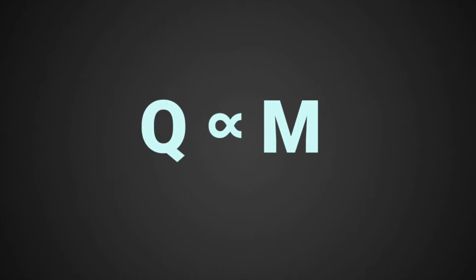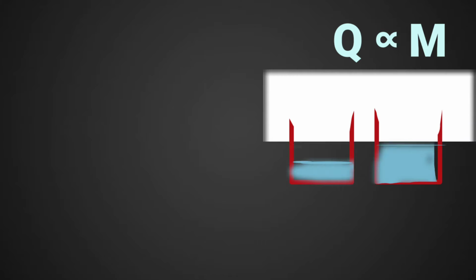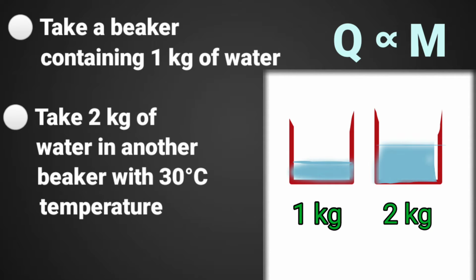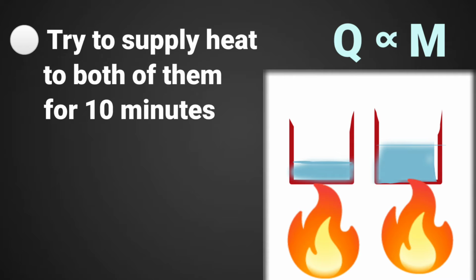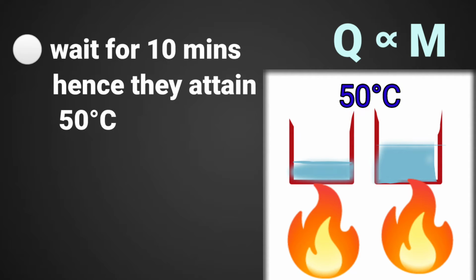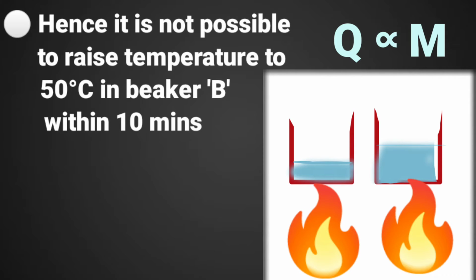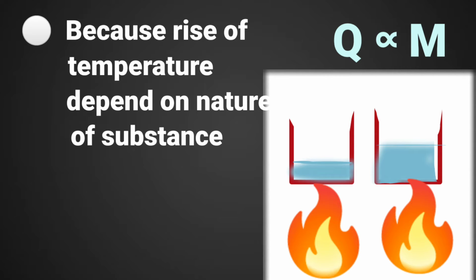To prove Q is directly proportional to M, take a beaker containing 1 kg of water at 30 degrees Celsius. In another beaker, take 2 kg of water at 30 degrees Celsius. Try to supply heat to both of them for 10 minutes to change the temperature to 50 degrees Celsius. It is not possible to raise the temperature in beaker B to 50 degrees Celsius in the given time, because the rise of temperature depends on the mass.